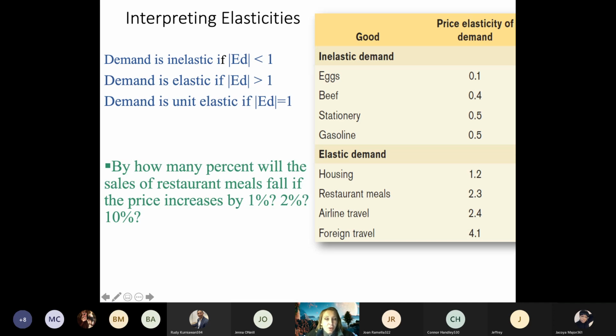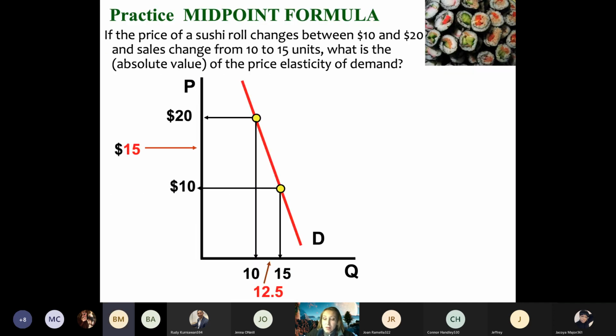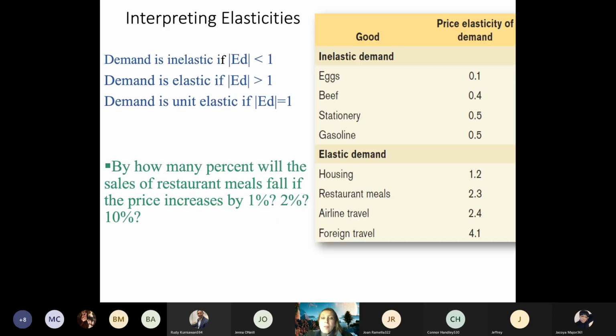Okay. So, oopsie. I was gonna go back a bit. Okay. So let's see for restaurant meals. If price decreases by 1%, by how many percent will sales increase?